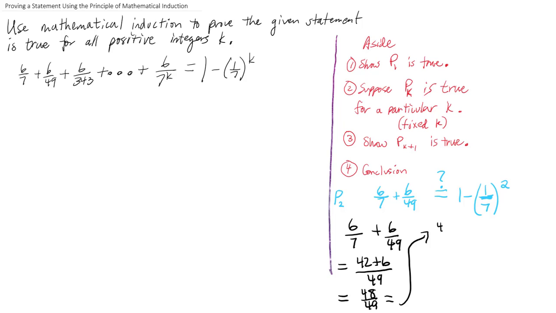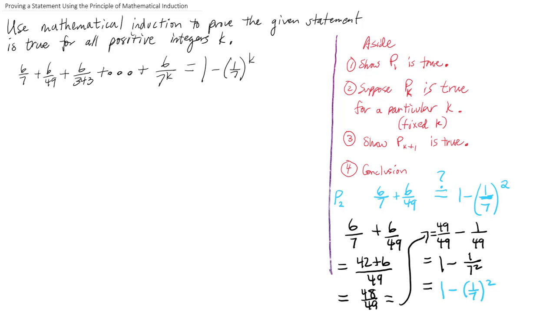Isn't that just 49 over 49 minus 1 over 49? And that's 1 minus 1 over what? 7 squared. And that is equal to what? 1 minus 1/7 squared.